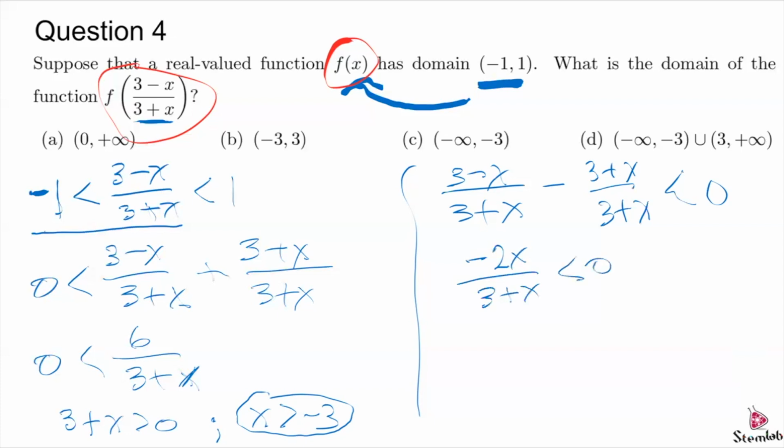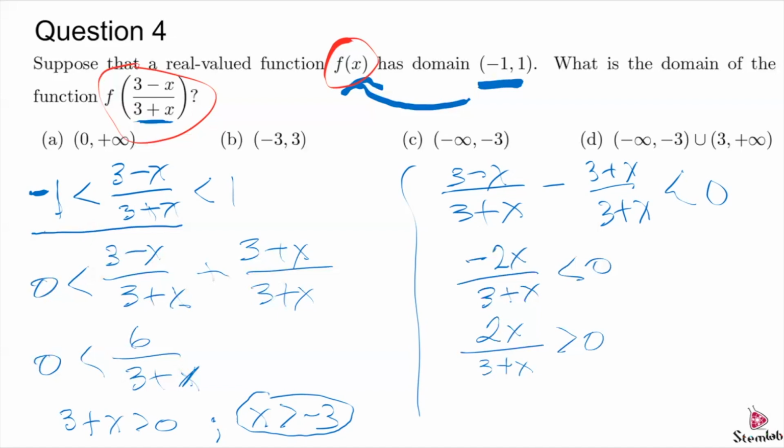Just to clean it up a bit, let's multiply by -1 throughout. It's greater than 0. So 2x all over (3 plus x) is greater than 0, and we want the conditions where both numerator and denominator are greater than 0, or both of them are less than 0, so that we are satisfying the inequality.